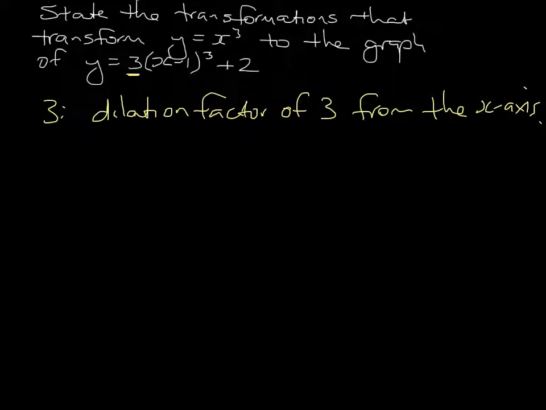And then the other translations that we have are inside the bracket here. That's going to shift it to the right by 1, and this is going to shift it up by 2.